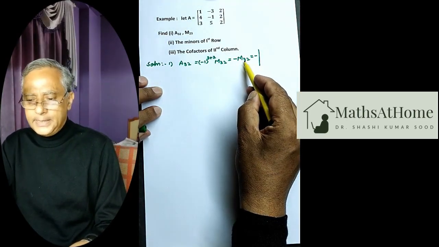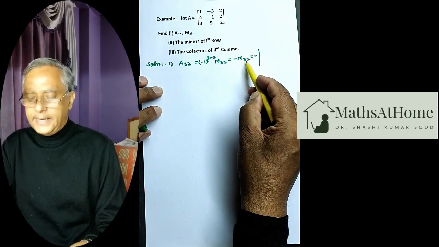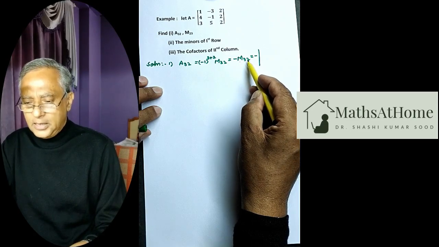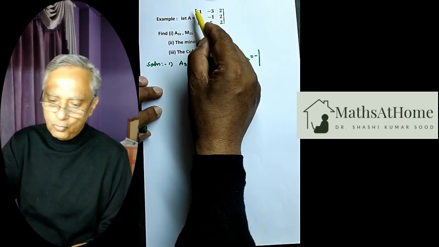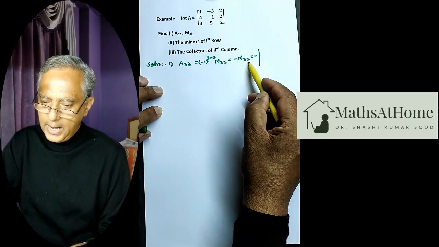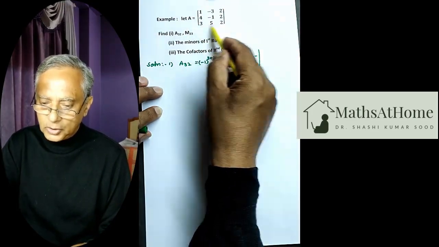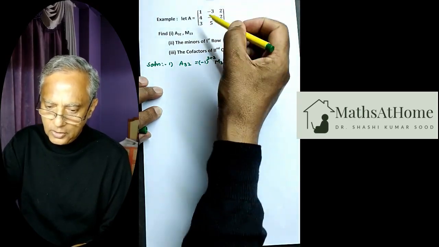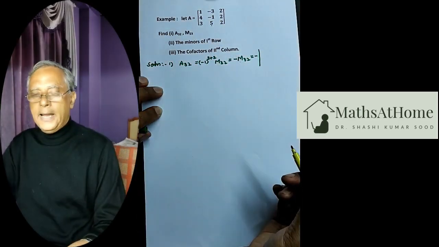And this is the minor of the entry at the place third row and second column. First row, second row, third row; third row and second column. So this is the entry.